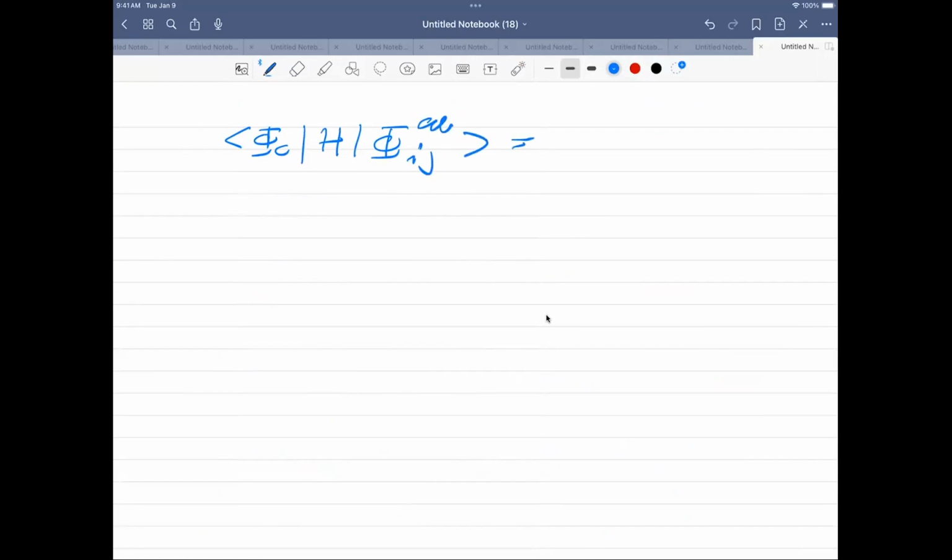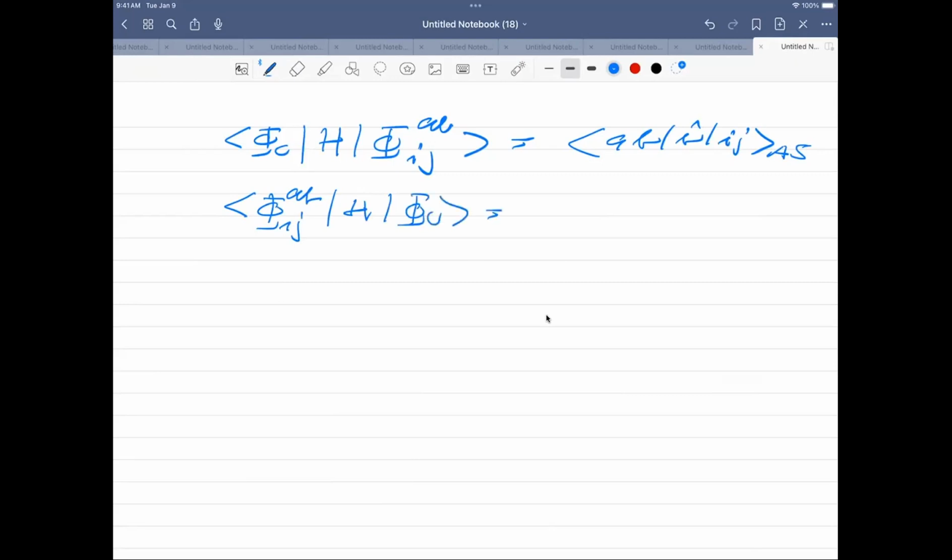And what we found then is that this term here is the same as AB, V, IJ, where this V is again defined by this anti-symmetrized matrix element. The thing which we calculated last time was actually this one, AB of phi zero, and that gave us just IJ of V, AB. And by hermiticity, these are supposed to be the same matrix elements.